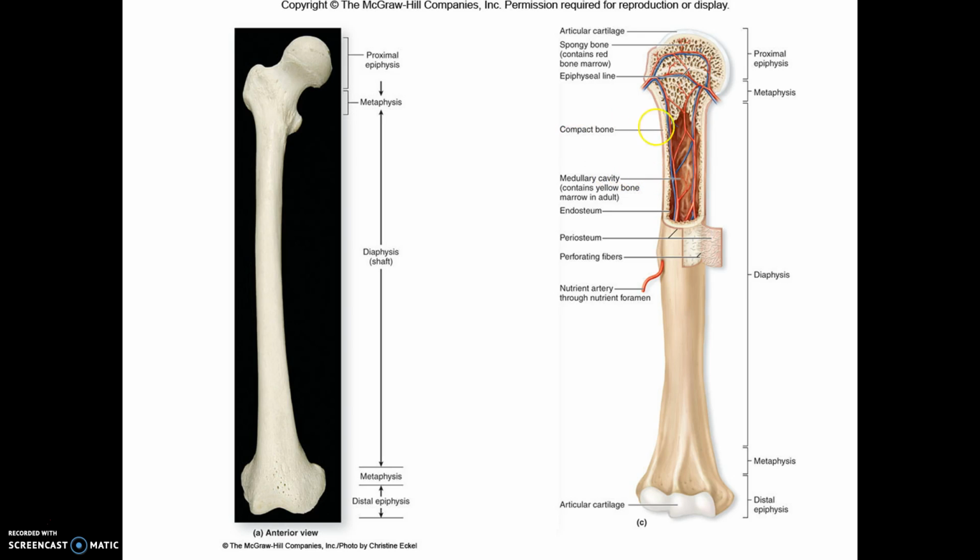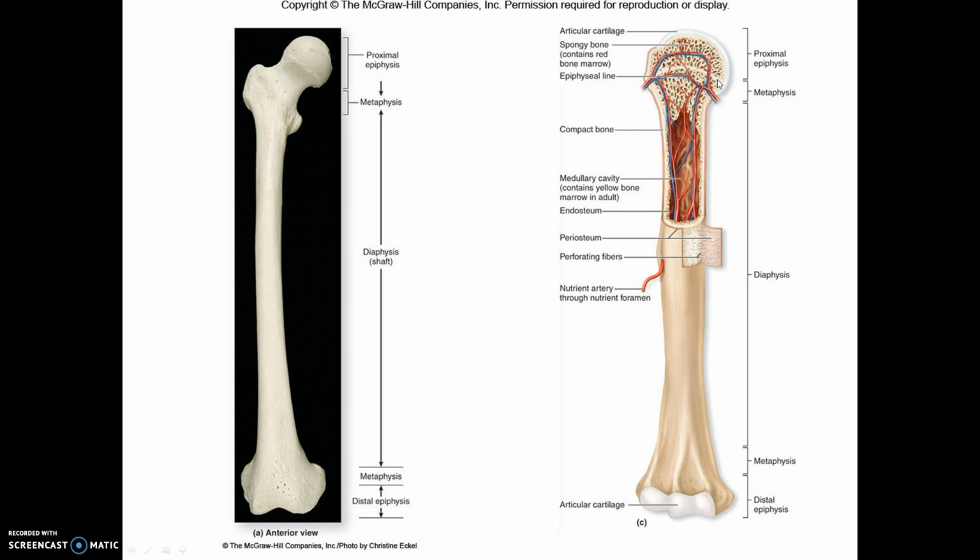All right, now between the epiphysis and diaphysis is a narrow region that we can see highlighted here called the metaphysis. You can see it listed here. The metaphysis is where the epiphyseal plate is located, and the epiphyseal plate is a layer of hyaline cartilage.